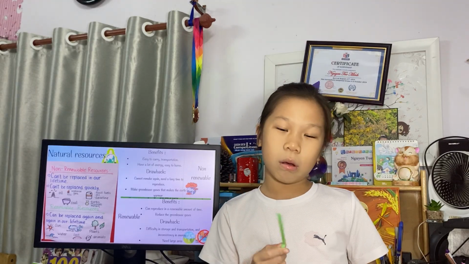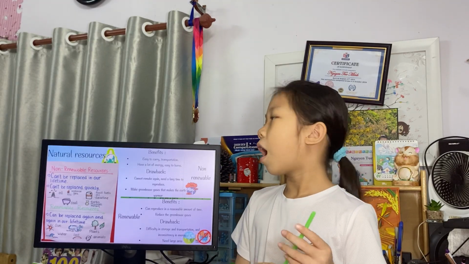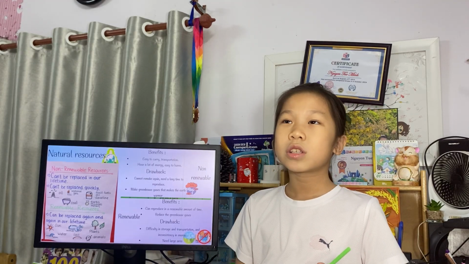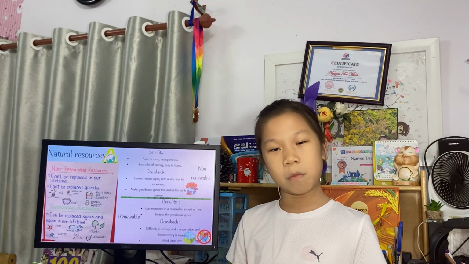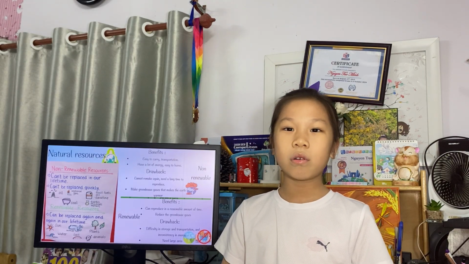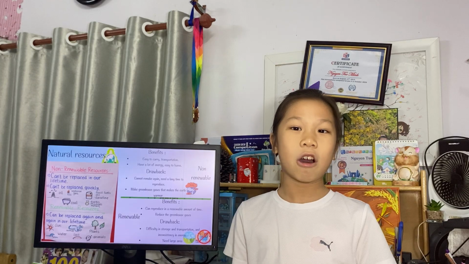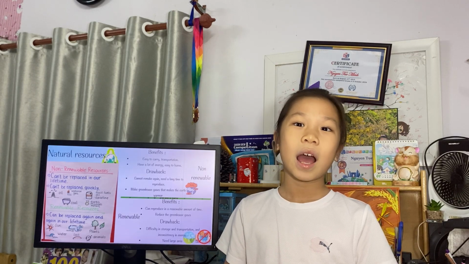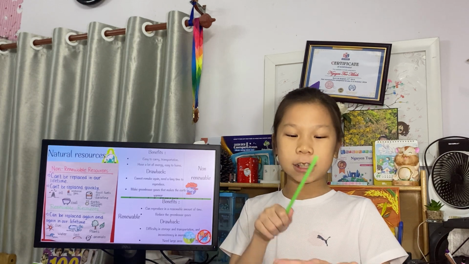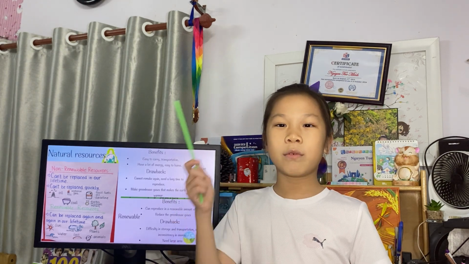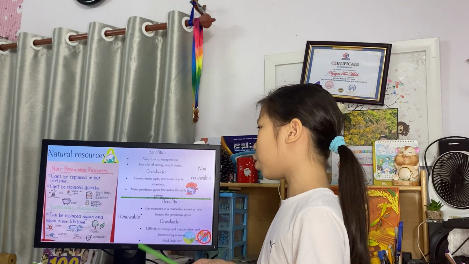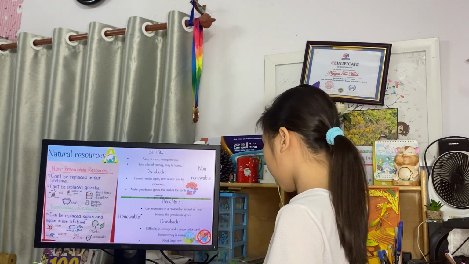And oil or coal are non-renewable resources. So what does non-renewable mean? Non means not, renewable means can be replaced. So our resources cannot be replaced in a reasonable amount of time. So that means non-renewable resources.